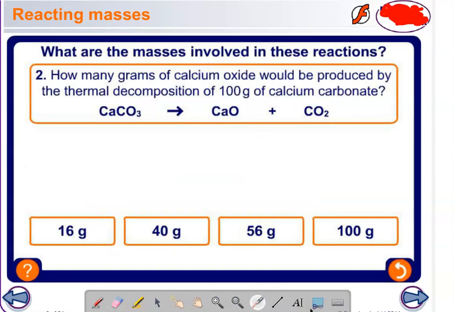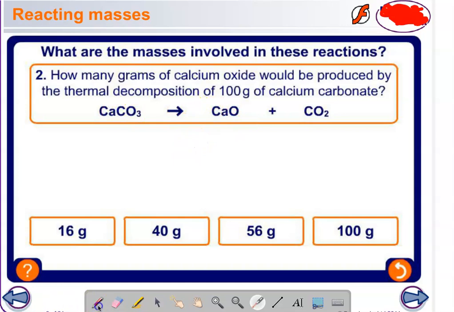Let's look at an example here. How many grams of calcium oxide will be produced by the thermal decomposition of calcium carbonate? We've been given the balanced equation here, and the ratio of calcium carbonate to calcium oxide is 1:1.